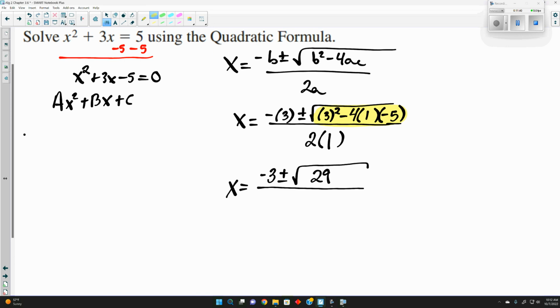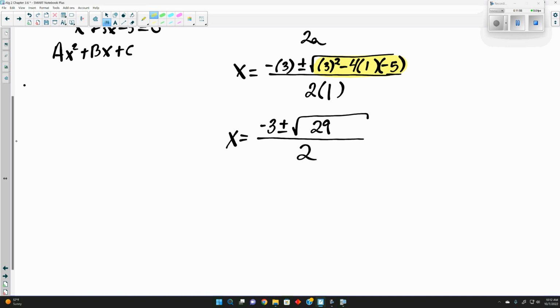And it's all over 2 times 1, which is 2, and this is where the yellow calculator, our 30XS, is nice. Because our next thing we could try to simplify is the square root of 29. And if we plug the square root of 29 into the calculator, we get what? Square root of 29, which tells us it doesn't simplify.